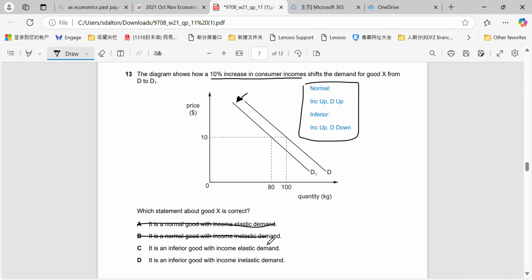Now we just have to remember our formula for YED in order to calculate whether it's elastic or inelastic. So we can see that the income has gone up by 10%. We can see the quantity here has decreased by 20%, right? So quantity demanded down by 20%.